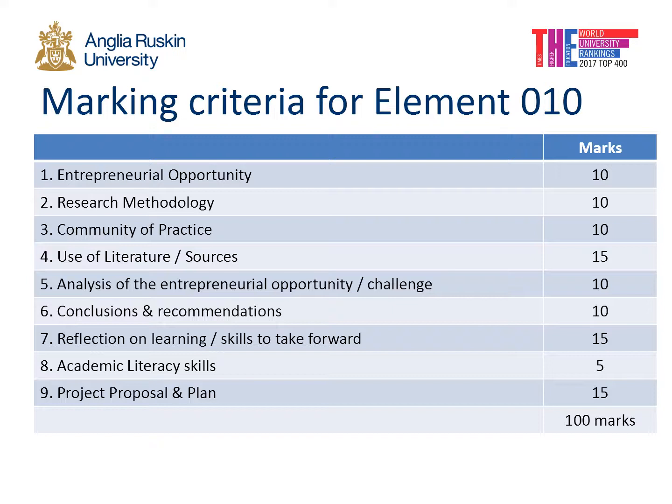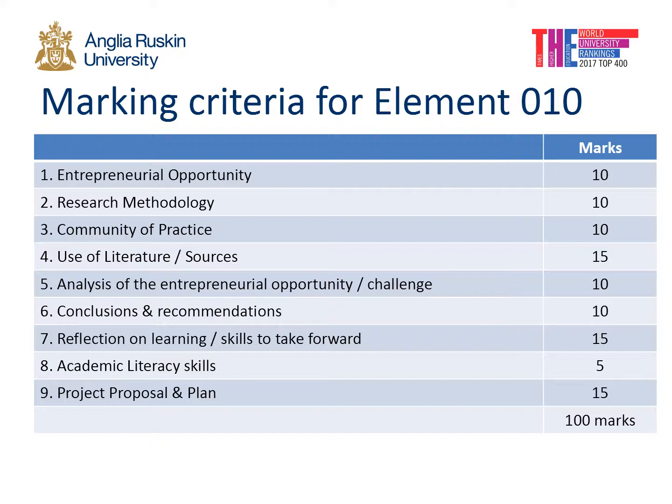So again, I would refer you to the detailed marking criteria so that you can gain an appreciation at the outset of what is required in your final project report. I just also want to touch upon the marking criteria number 4, which is the use of the literature or sources.